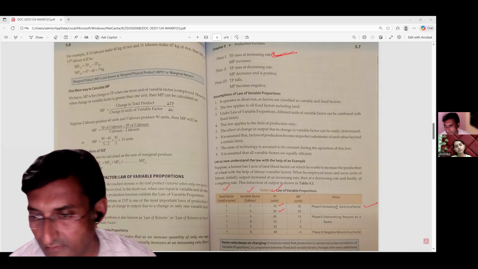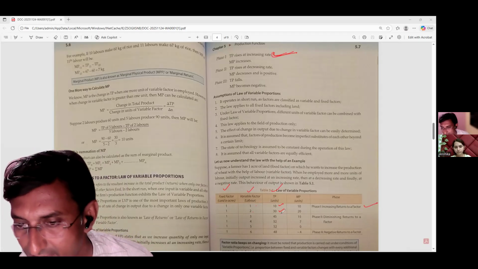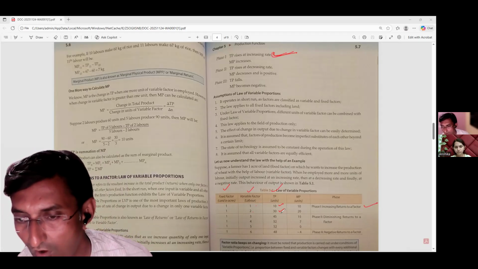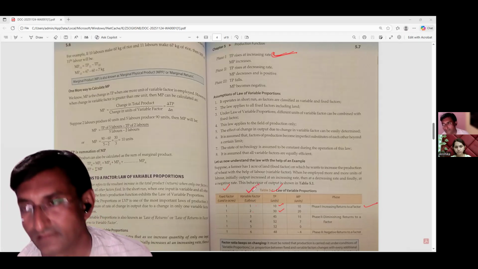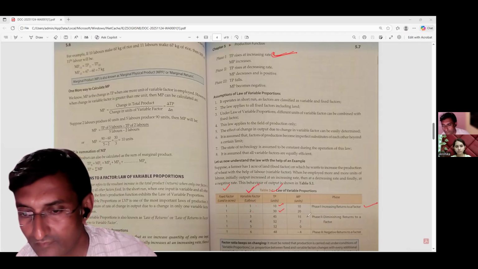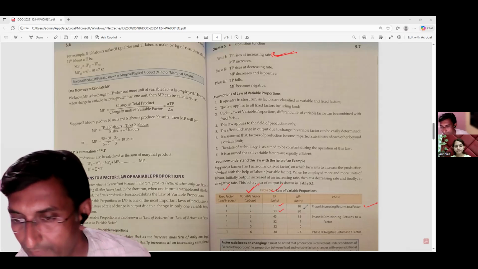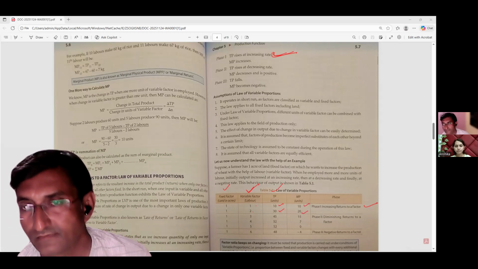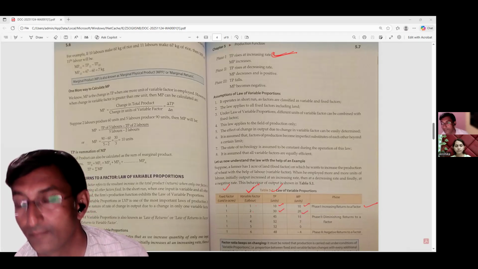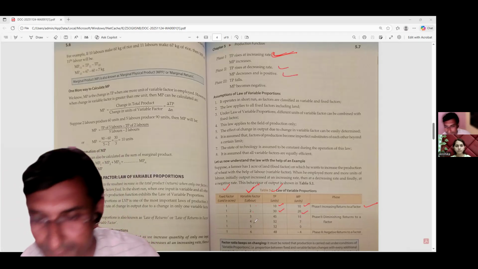In this case, page number 1, increasing returns to factors. Why? Returns are increasing due to the variable factors increasing. MP is also increasing in this case. But in the other situation, phase 2, what will happen?